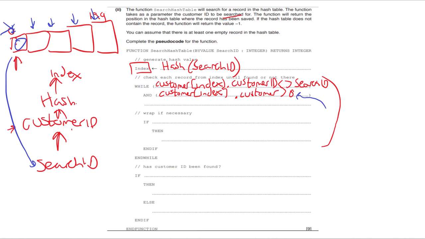So what do we want to happen? Well, the first thing we want to happen is we want to increment our index position. Oops, that should be customer ID is greater than 0, sorry.